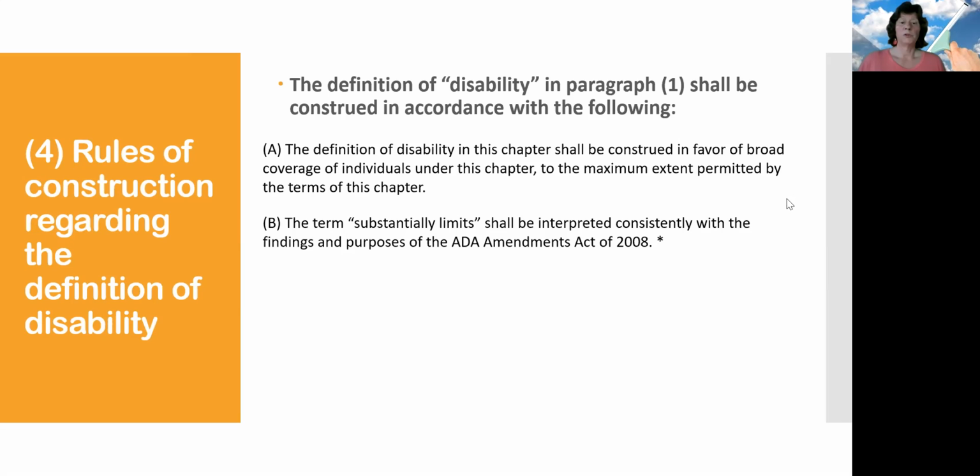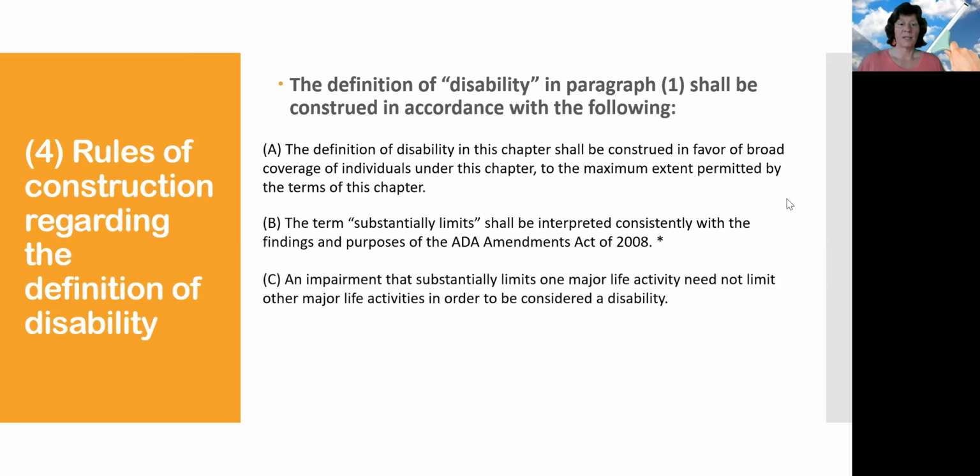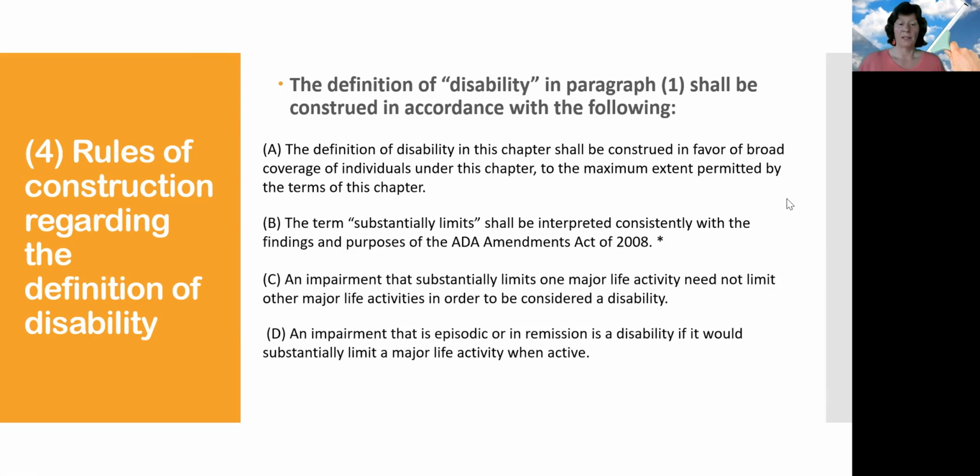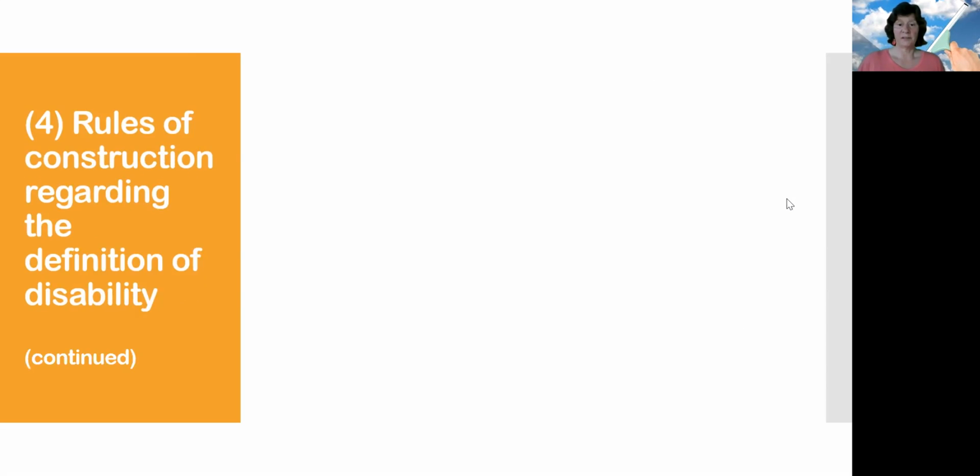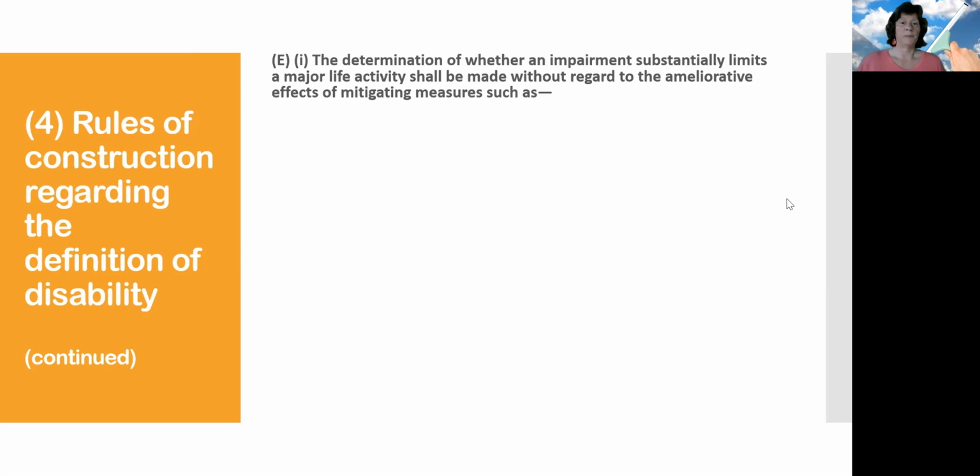B. The term substantially limits shall be interpreted consistently with the findings and purposes of the ADAAA Amendments Act of 2008. C. An impairment that substantially limits one major life activity need not limit other major life activities in order to be considered a disability. And D, an impairment that is episodic or in remission is a disability if it would substantially limit a major life activity when active. Let's continue.